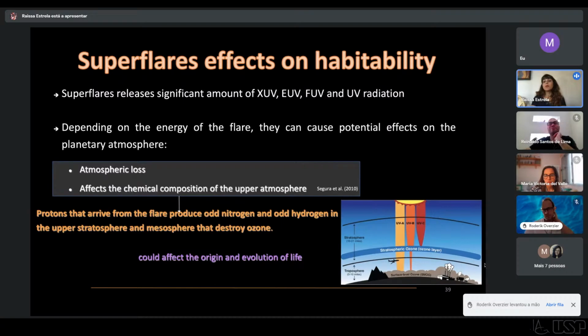This ozone layer protects us from the harmful UV nowadays. But in the past, before life was there, we don't know. Probably the primitive Earth was a way less hospitable environment because there was no ozone layer, so all this UV was reaching the surface of our planet. So maybe not very welcome for life.